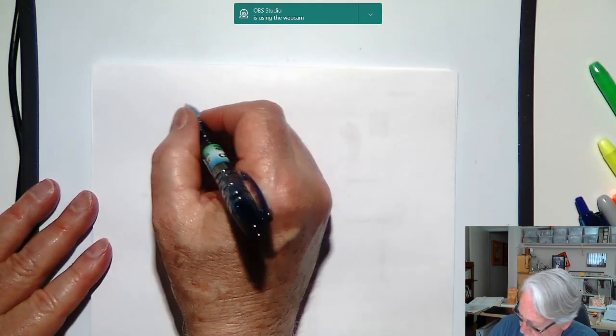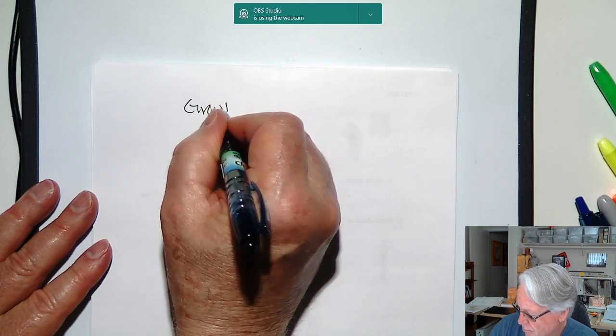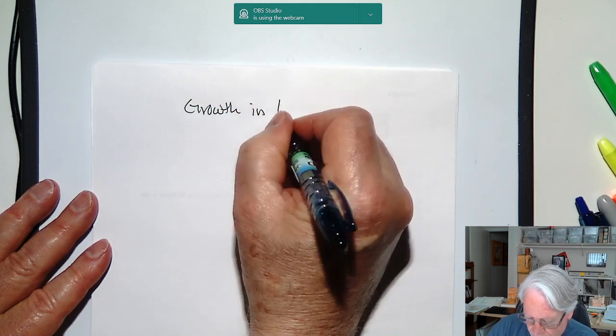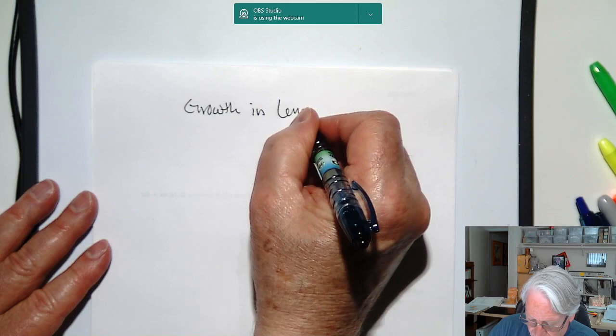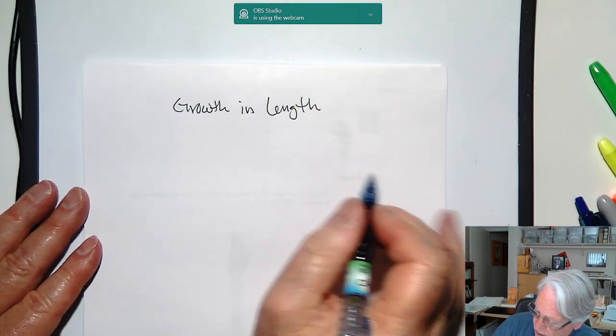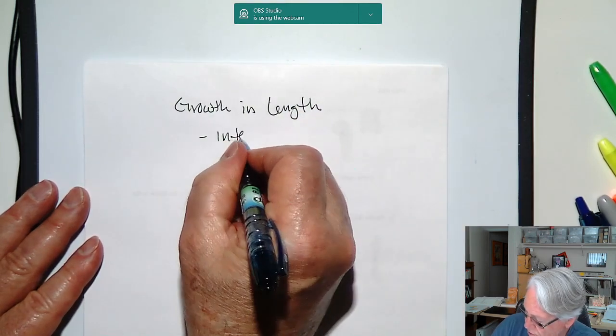So, growth in length. And again, this is the interstitial growth.